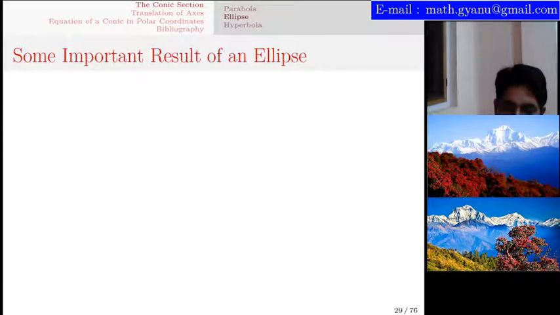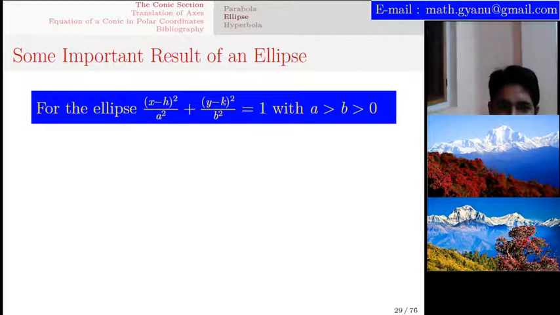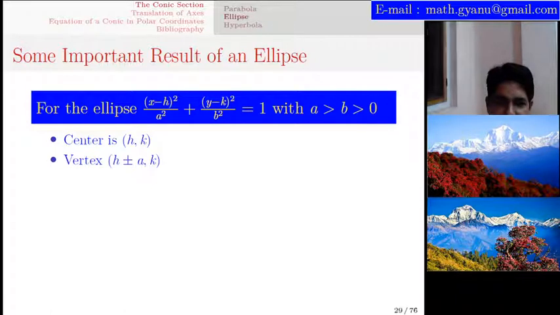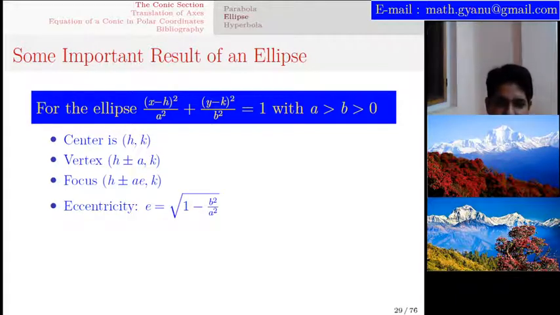Now, another form of ellipse: x minus h whole square by a square plus y minus k whole square by b square equal to 1, whose center is h, k. In this case, if a is larger than b and both are non-negative, the center will be h, k, the vertices will be h plus minus a comma k, the foci are h plus minus ae comma k, and the eccentricity will be square root of 1 minus b square by a square, same as in the first result.